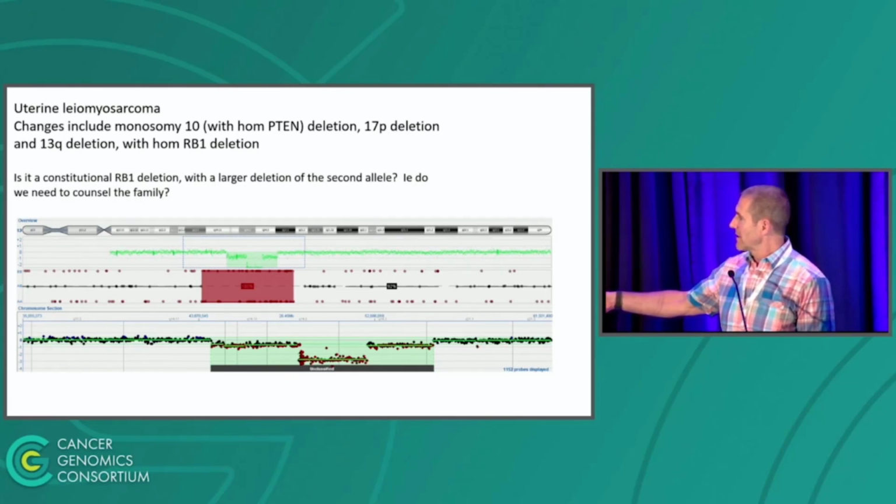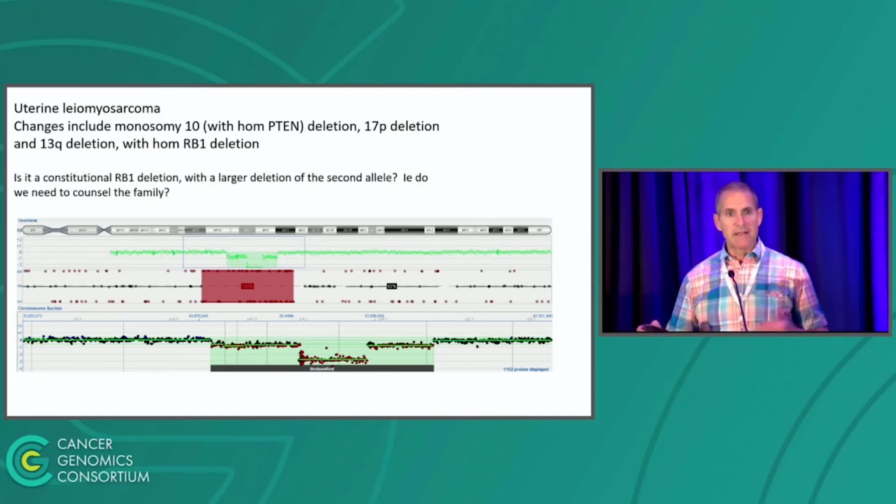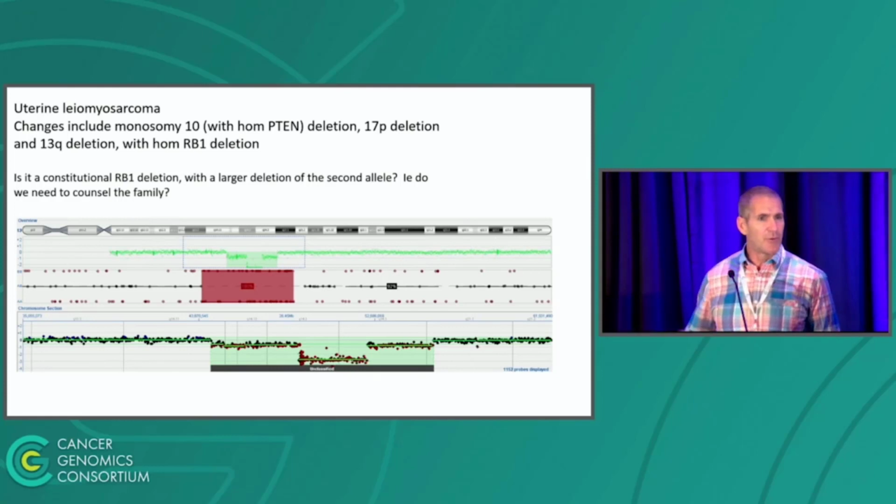But the really interesting thing here is that there was about 20% normal cells that were infiltrating the tumor, such that you can see up here we still have heterozygosity in that region. So the normal cells that were there were heterozygous, and so we're not concerned now that maybe we need to talk with the family about increased risk because maybe they're carriers of an RB deletion, et cetera.